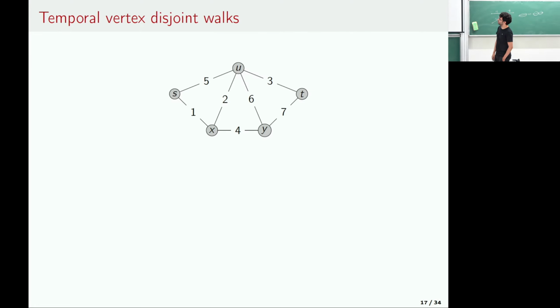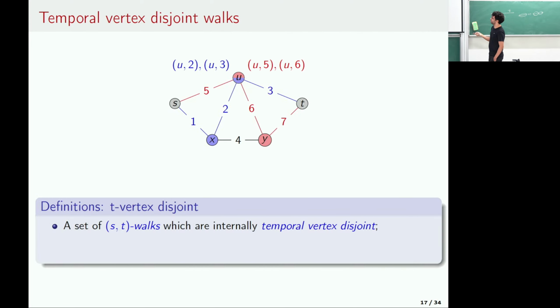Now I'm going to talk about temporal disjoint walks. The difference is that I want the walks to be temporally disjoint. They can share a vertex, but they cannot share a vertex at the same time. This is the same graph from the previous example, and now I can construct two temporal paths that do not share a vertex at the same time.